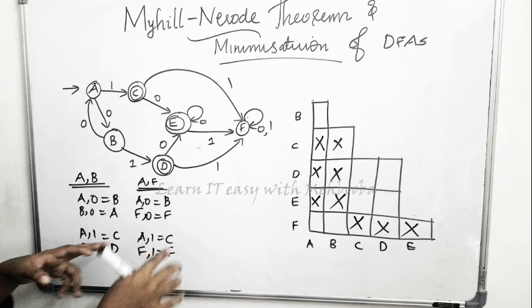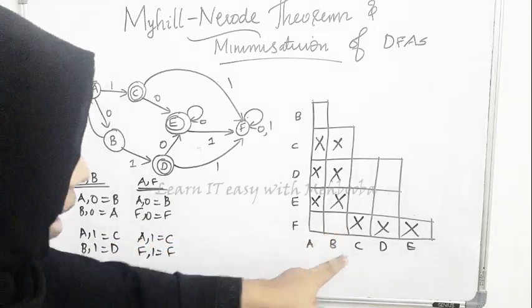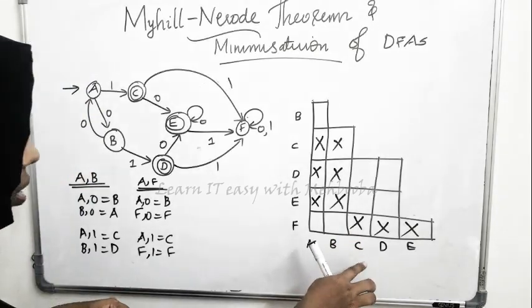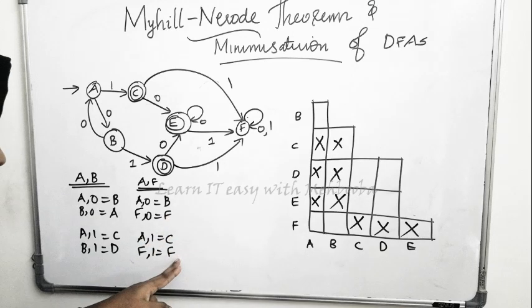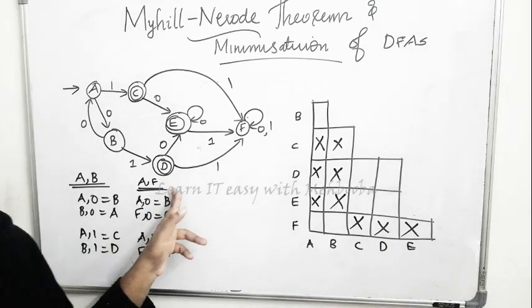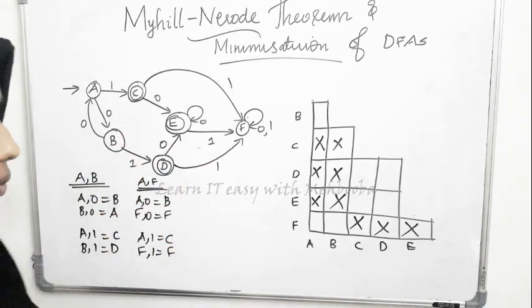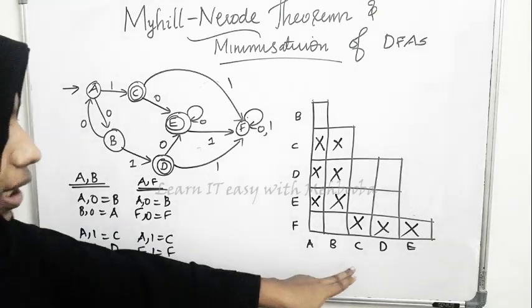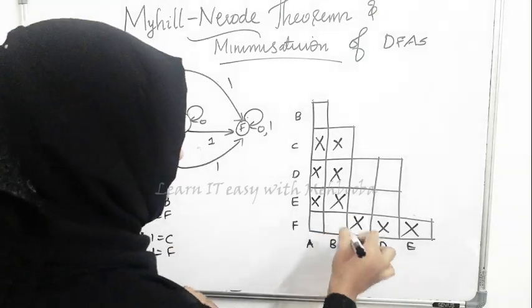So the FB pair is not marked, and the CF pair is, see, the CF pair is marked, isn't it? Since this pair is marked, you can mark AF also. Are you getting me? A and F are never going to be equivalent, because this pair that we got at this point, CF, is marked.